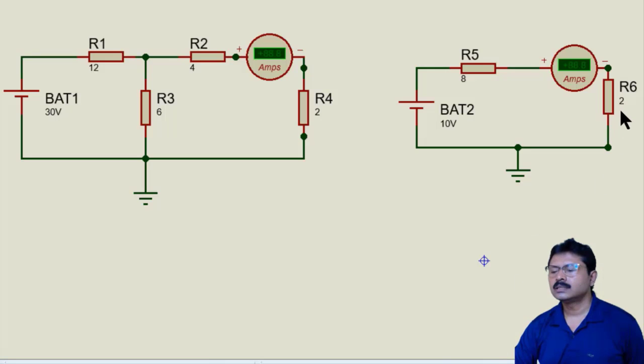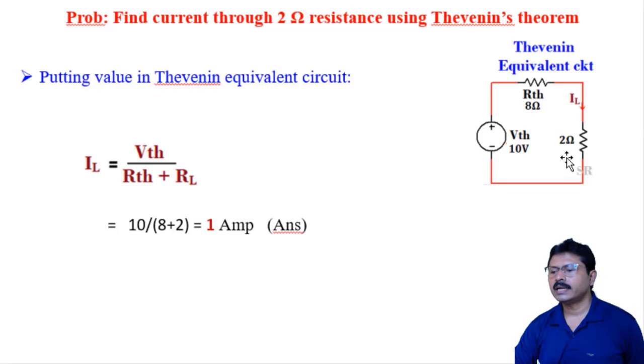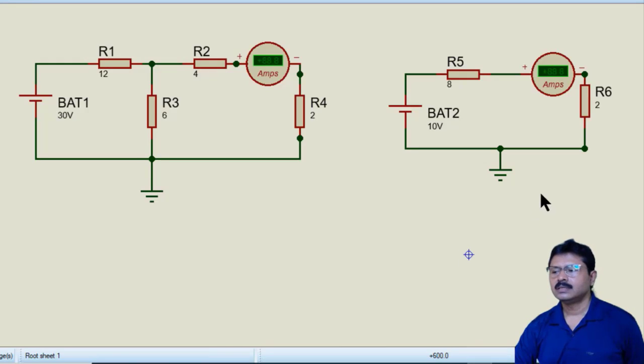What should be the current through this 2 ohm resistance? Already we have calculated the current through this 2 ohm resistance is 1 ampere. So in this simulation, if we get the ammeter reading as 1 ampere and in main circuit if we again get 1 ampere in ammeter reading, then we can come to the conclusion that these two circuits are same circuit.